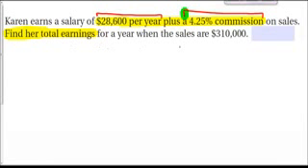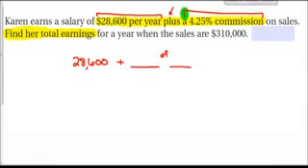So in this case, we've got a commission that's being paid like a bonus plus a fixed amount. So every single year, Karen is guaranteed that she's going to get at least $28,600. Plus, she's going to get this bonus of 4.25% of her sales.